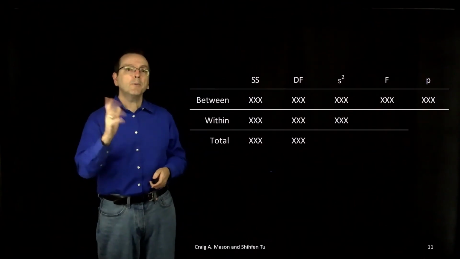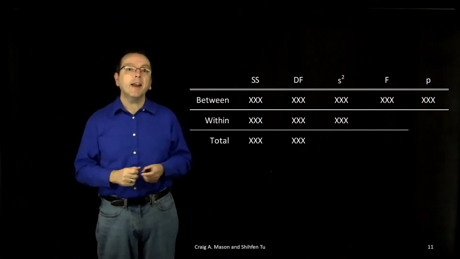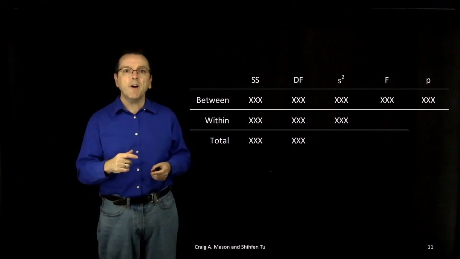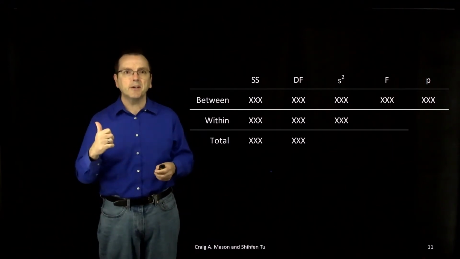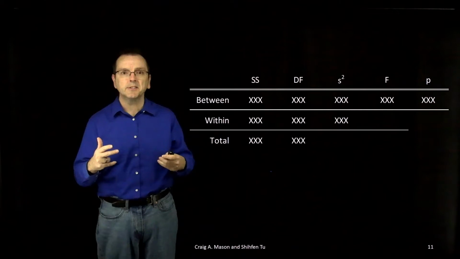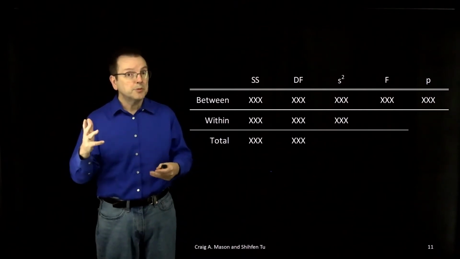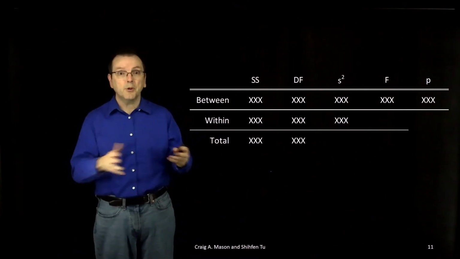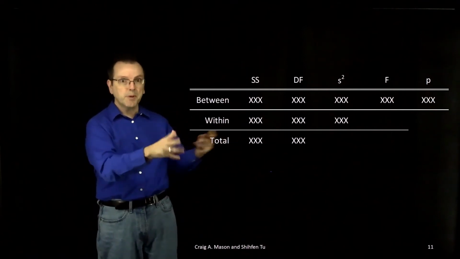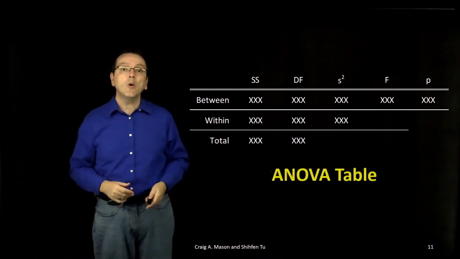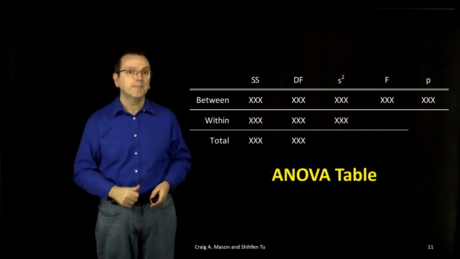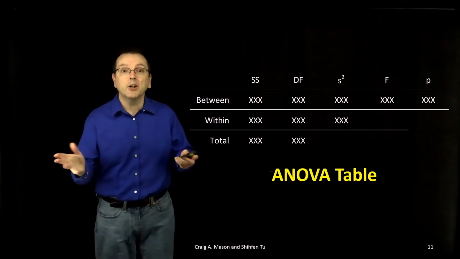So once we have our data, we calculate F. And to do so involves calculating a sum of squares and degrees of freedom and variance, both between groups and within groups. So we'll organize all those pieces of information in our ANOVA table. Okay? Let's get started and take a look at our data.